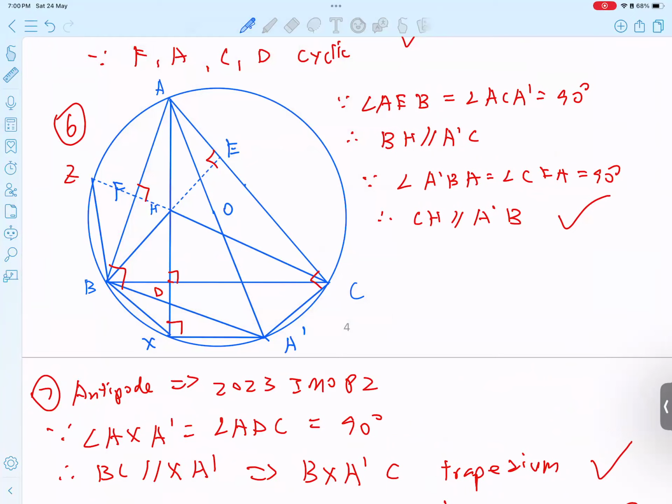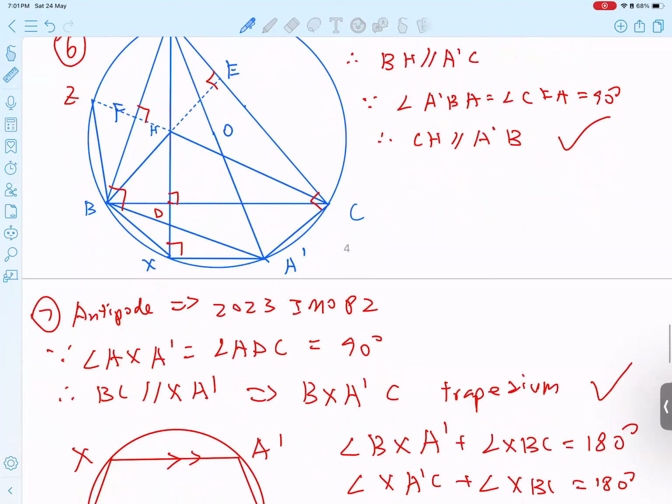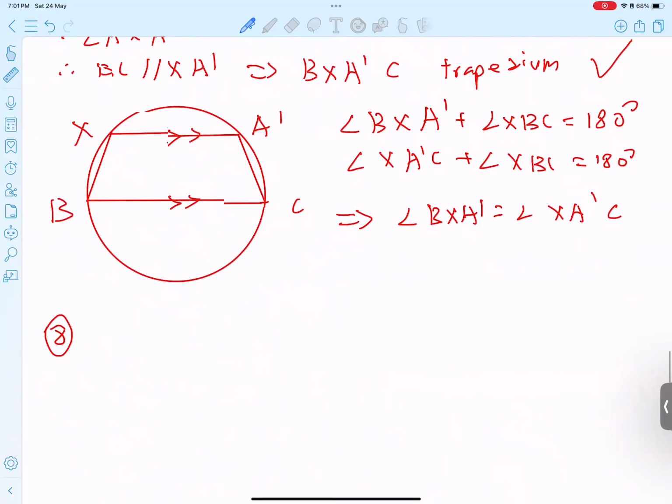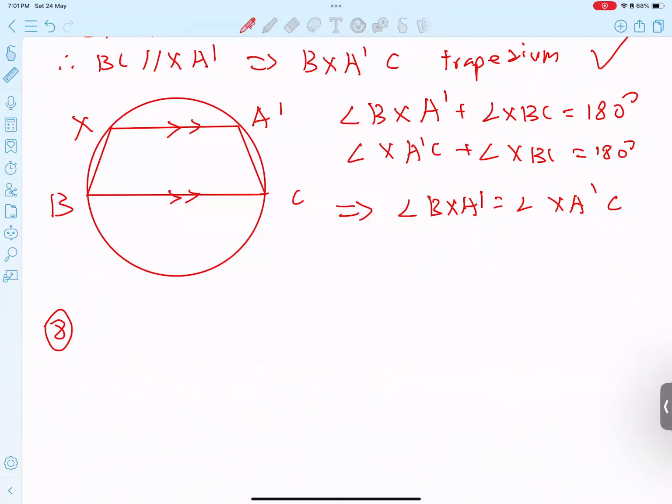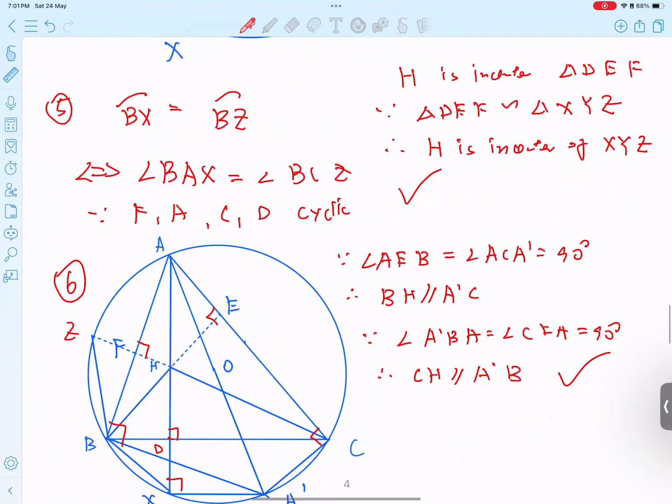We're asked to prove that this is an isosceles trapezium. So CA dash BZ is an isosceles trapezium, and we can simply just say that arc, so we proved that before. Arc BX equals arc BZ.